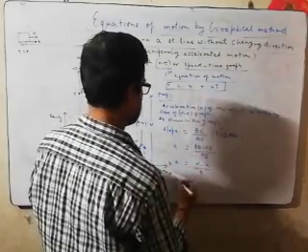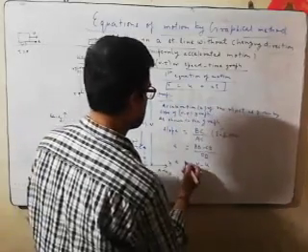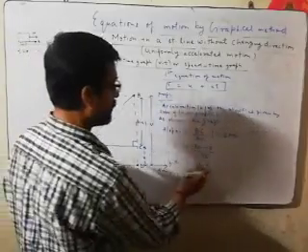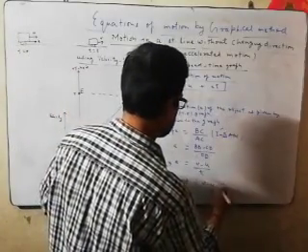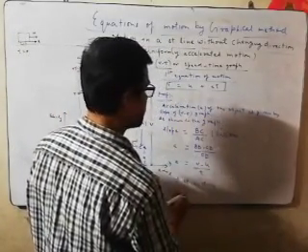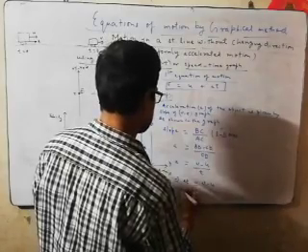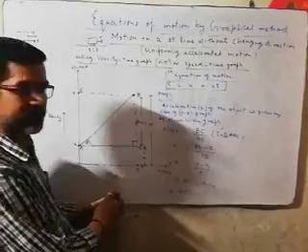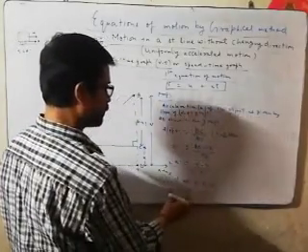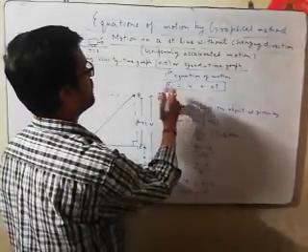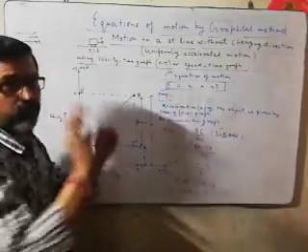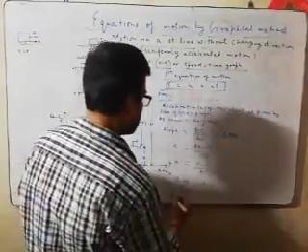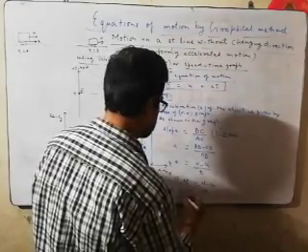So we are getting here, by cross multiplication, AT equals V minus U. Minus U, you bring to this side, you will get plus U. So finally you get V is equal to U plus AT. You can see the first equation of motion is proved.